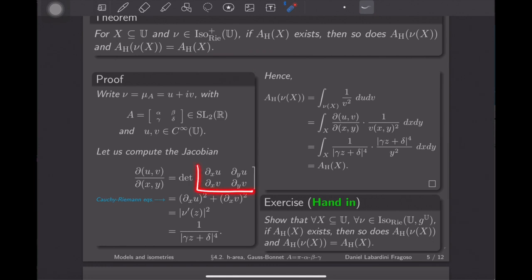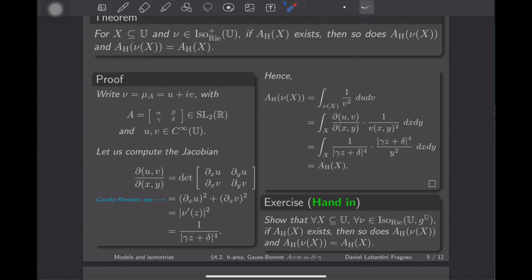So this matrix here, of which I take the determinant, satisfies the Cauchy-Riemann equations, which means that these two are equal, and one of these two is minus the other, right? And hence this determinant becomes this square minus the product of this, so plus this square.